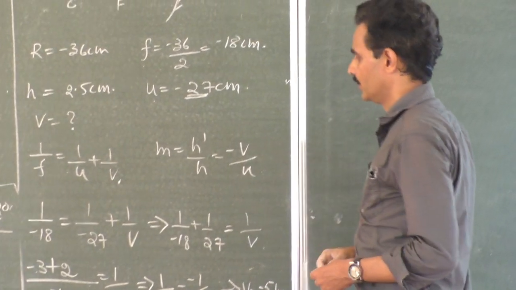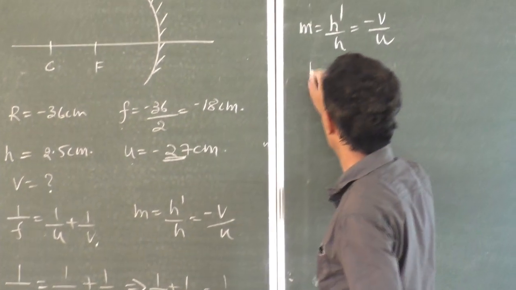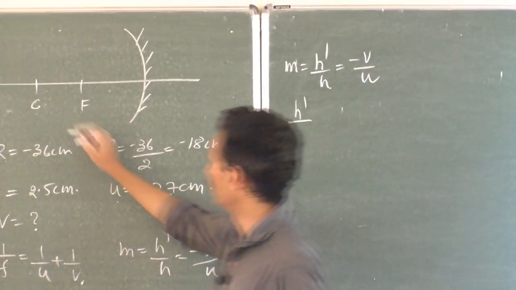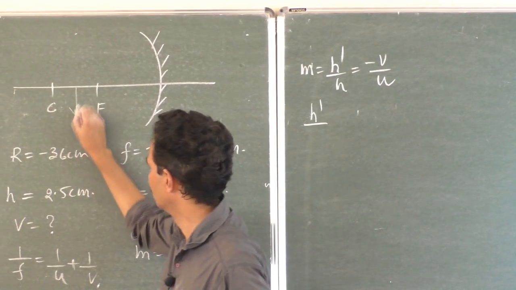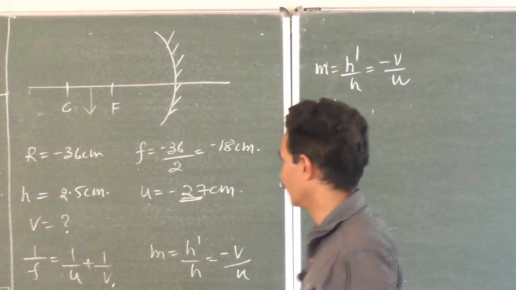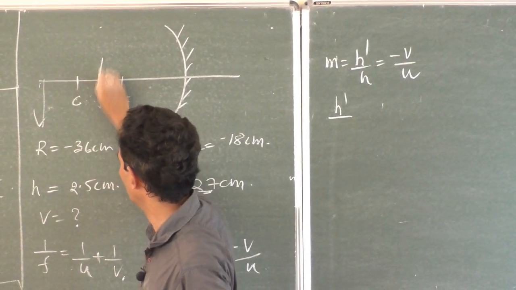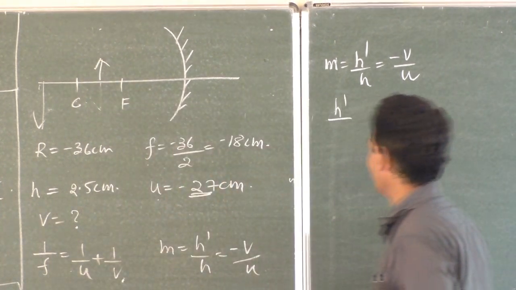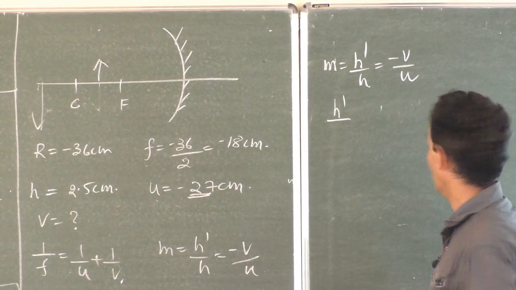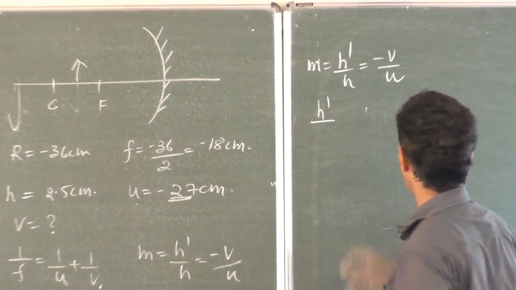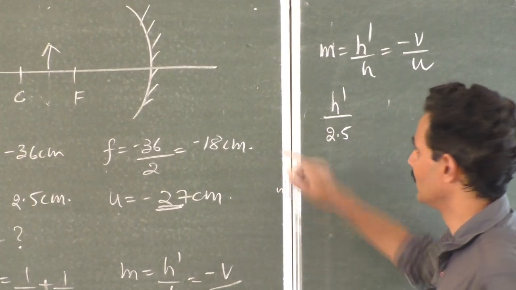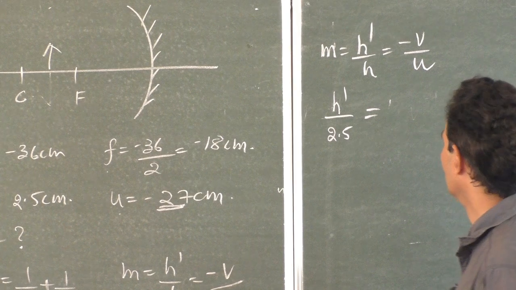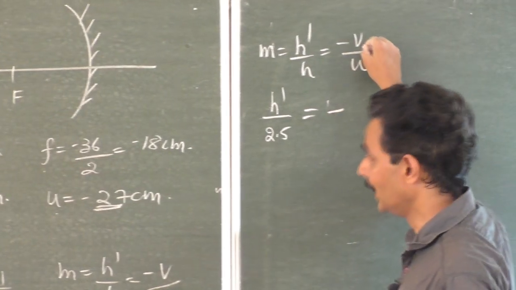What is h dash? Don't know. Height of the image. And it should be inverted somewhere here, right? It should be here. Some image is at 54. So away from C, it should be here. Object should be here. So h dash by h, height of the object, 2.5 centimeter above the principal axis, is equal to minus of image distance.